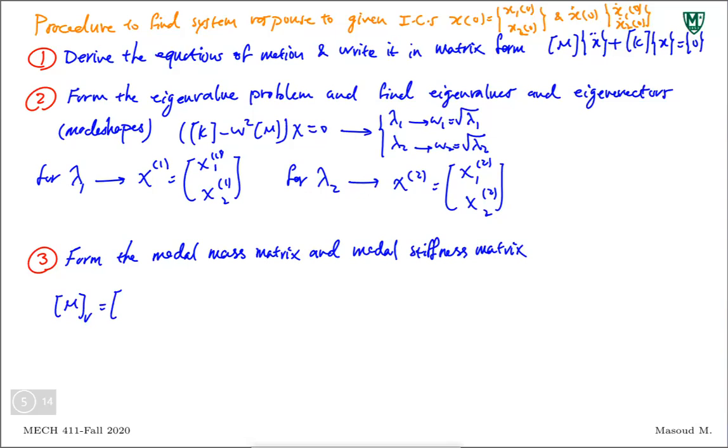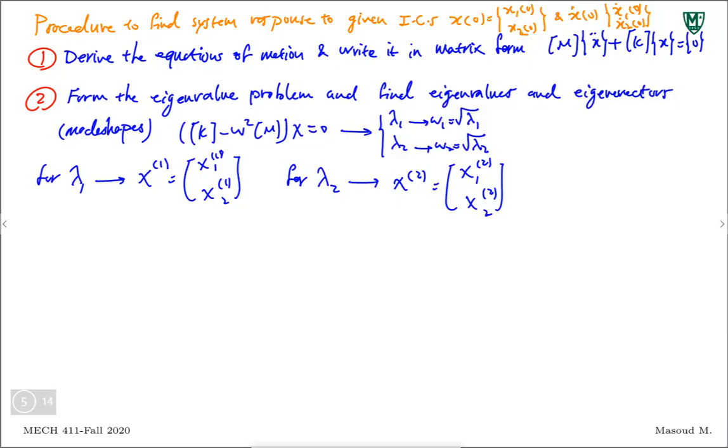Wait, I have to form the, let's add this step, form, yeah, this is better. I can just add it to the previous step actually, it's probably easier.